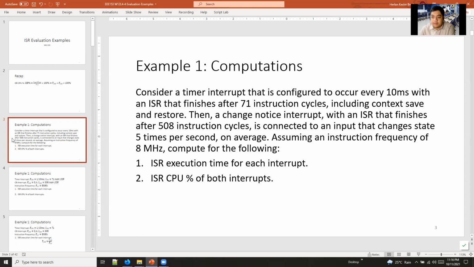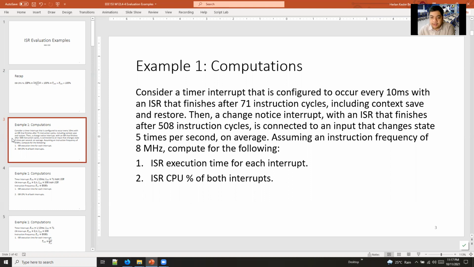This is also including context save and restore. And yung change notice interrupt na to is connected to an input that changes state 5 times per second on average. So assuming an instruction frequency of 8 megahertz, compute for the following.